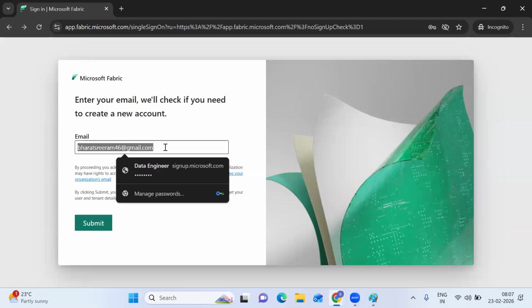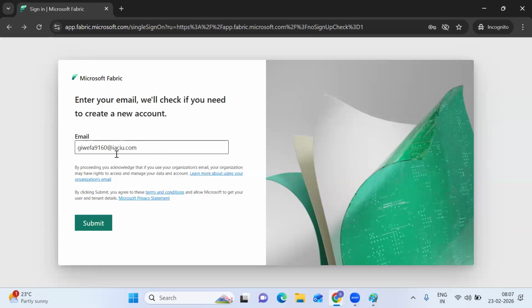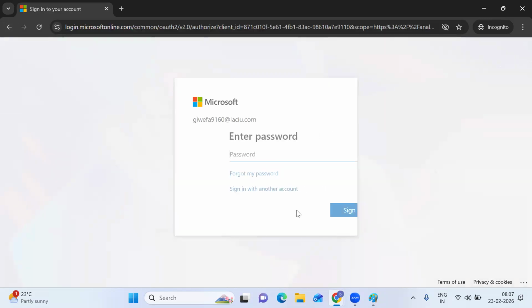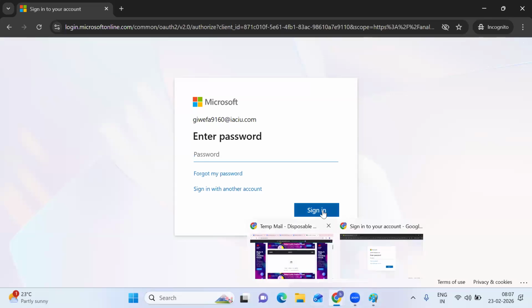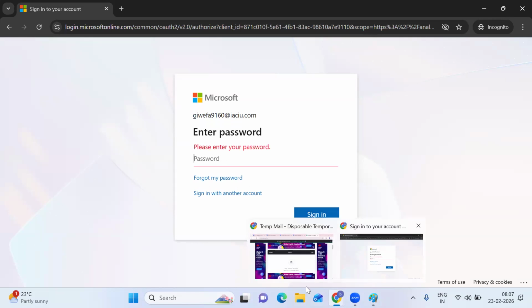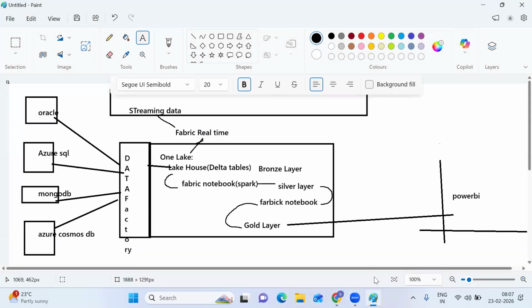Let's give this one. Of course, with this name, I think thousands or lakhs of people might already be using this particular tenant domain. So we are able to sign up with this one, but we cannot create workspaces like this. Strictly not accepting.